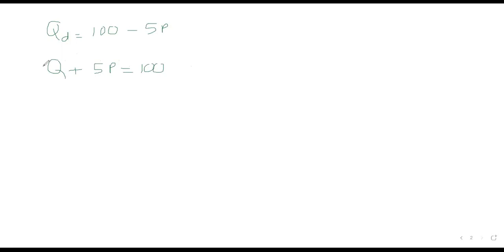And what number is here? 1. So you identify the intercepts. 1 into 100 is 100, so it cuts the Q at 100. 5 into 100, what do we get? 20. So it cuts the P at 20. So if you're going to draw this, the P axis is here and the Q axis is there.